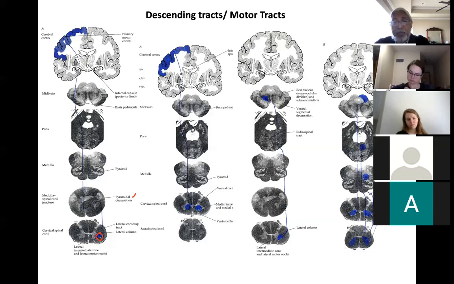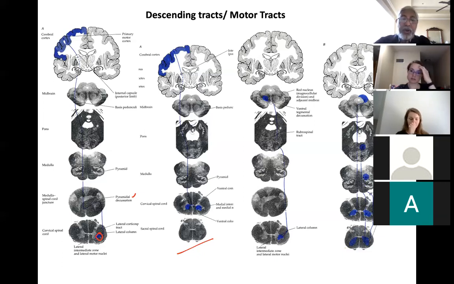Now, the question is, if we say corticospinal, then we have two choices, either anterior or lateral. Can anybody tell me whether this is anterior or lateral corticospinal? Is it anterior? Wonderful.